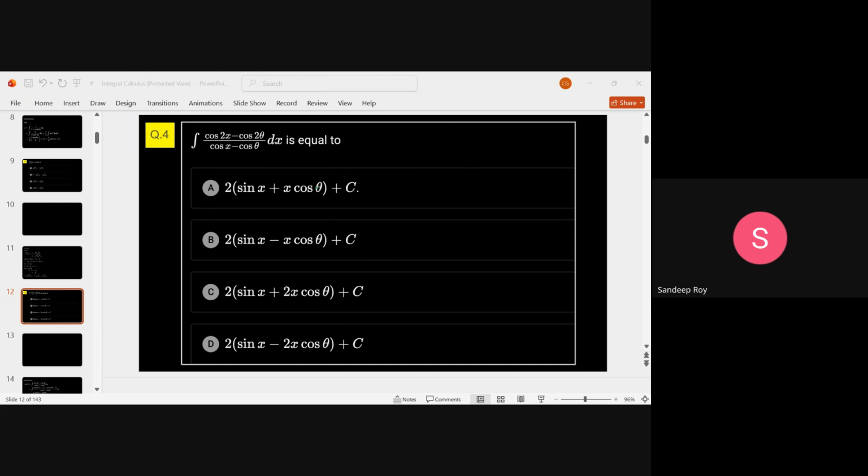Then the numerator is cos 2x minus cos 2 theta, which I can write using the trigonometric formulae as 2 cos square x minus 1 minus, 2 cos square theta minus 1.